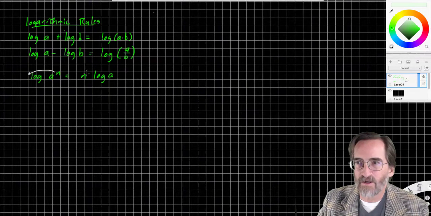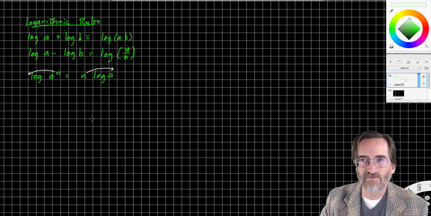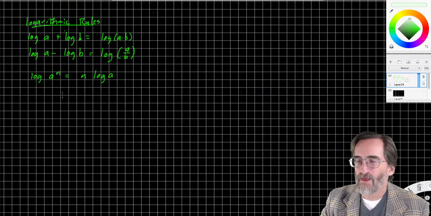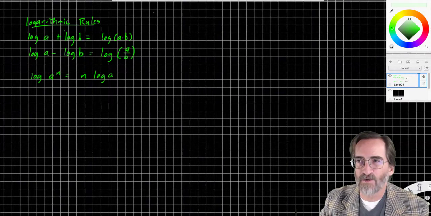Or you can take a multiplier, a scalar in the front, a factor, and move it to the exponent position. So that's really important here, and we're going to use that quite a bit. These are generally the two rules that are used, and they can be used forward and backward. We can turn a product into a sum, and we can turn a sum into a product, and vice versa.